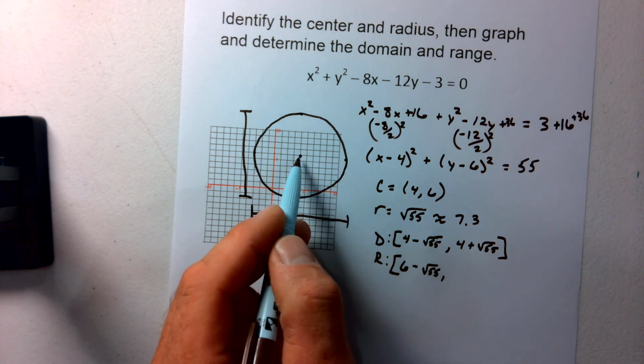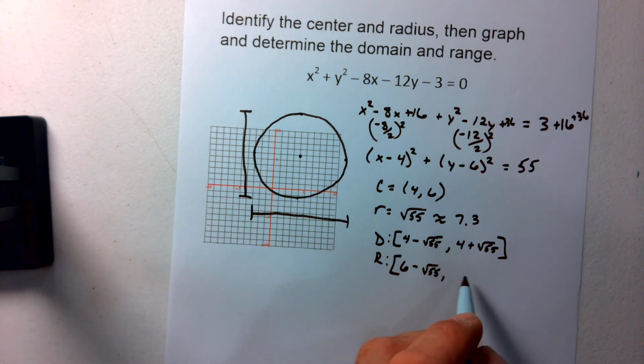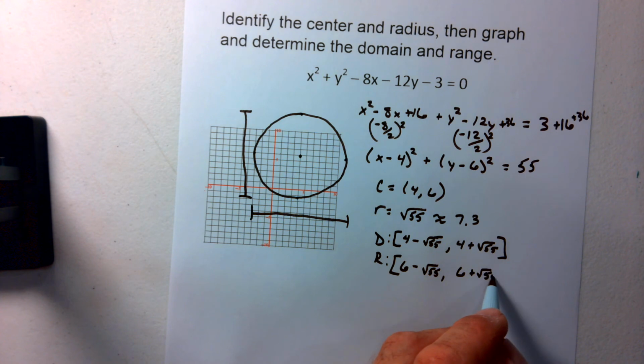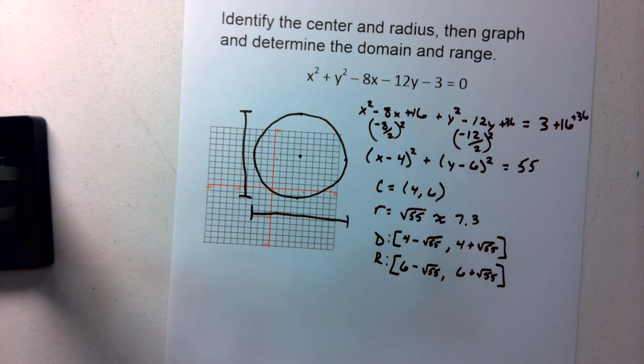And my high point would be 6 plus the square root of 55. That's going to give us our range for this circle. And that hopefully gives you an idea and a refresher on how to find the center and the radius of a circle, along with finding the domain and the range of our circles. Good luck and enjoy the circles.